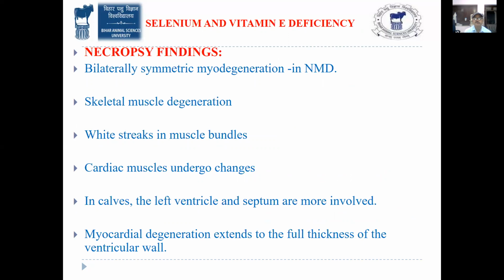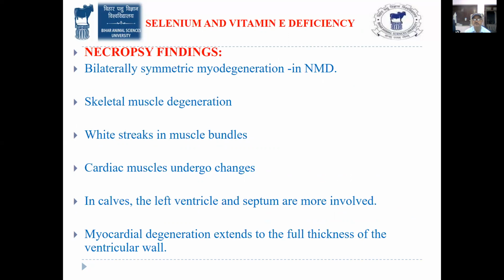In necropsy findings, bilateral symmetric myodegeneration is a consistent finding in nutritional muscular dystrophy. Skeletal muscle degeneration is characterized by pale discoloration and dry appearance of the affected muscles.